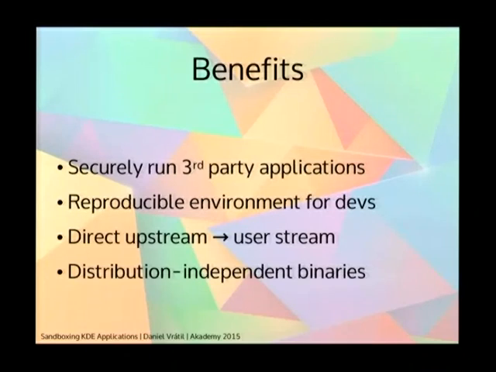Since the runtimes are the same everywhere, you don't have that problem, so you can run the same binary that upstream builds against the runtime on any computer. Which also is basically the fourth point, distribution-independent binaries.